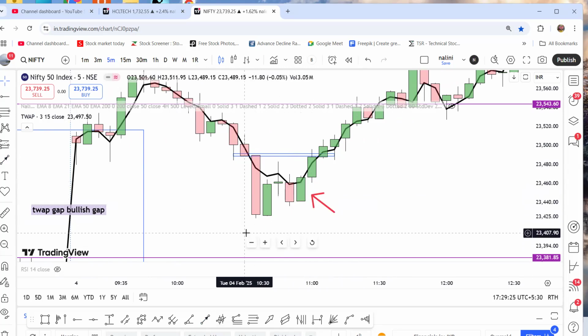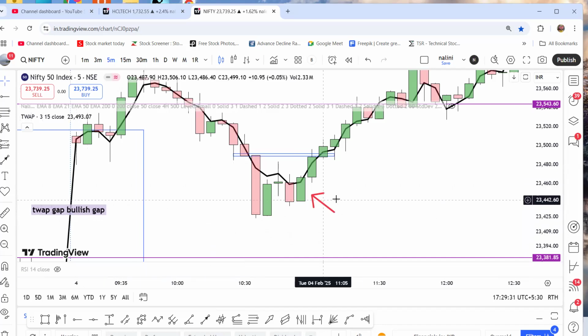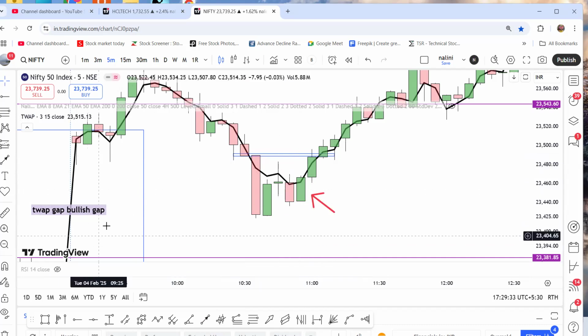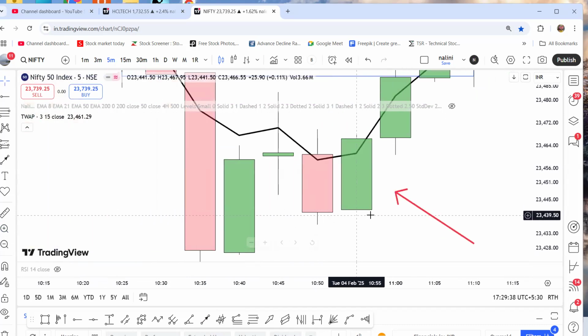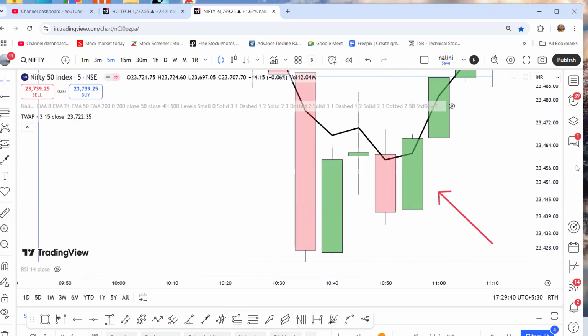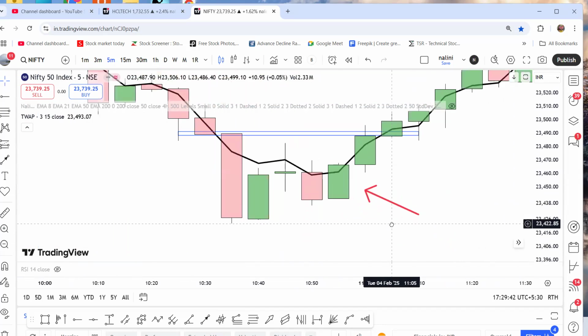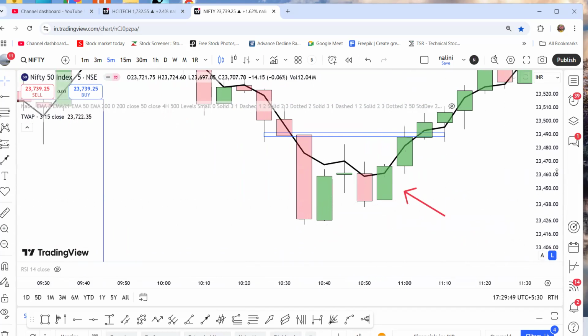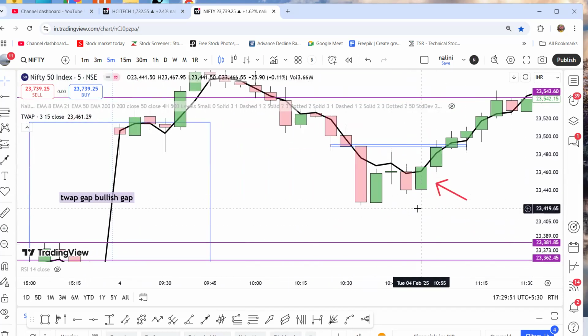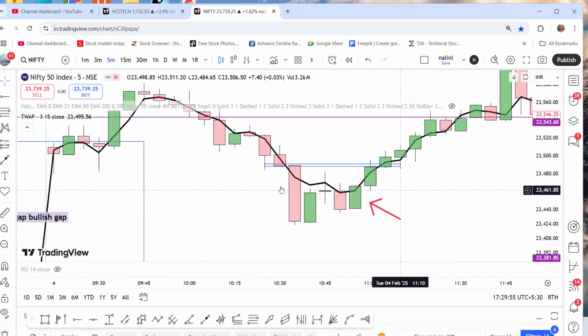And also you can notice a very good candlestick pattern, that is the Marubozu candle. You can see the Marubozu candle over here. Can you identify the bullish Marubozu candle? Indicating strength, reversal.